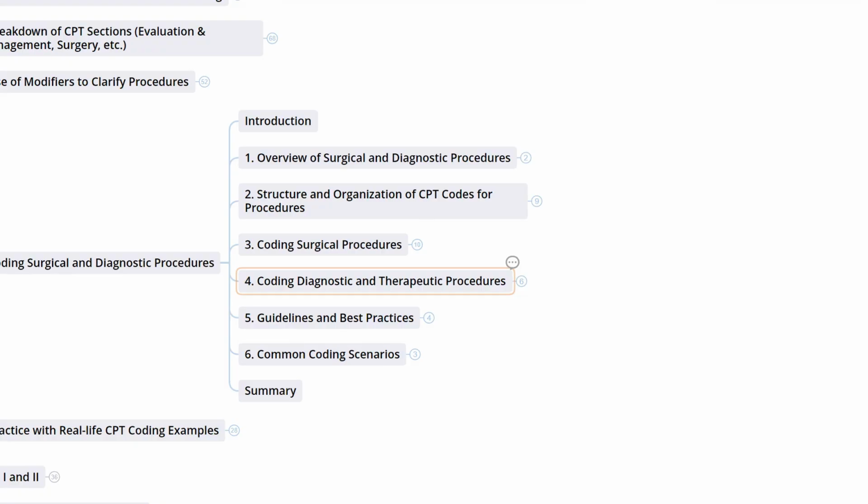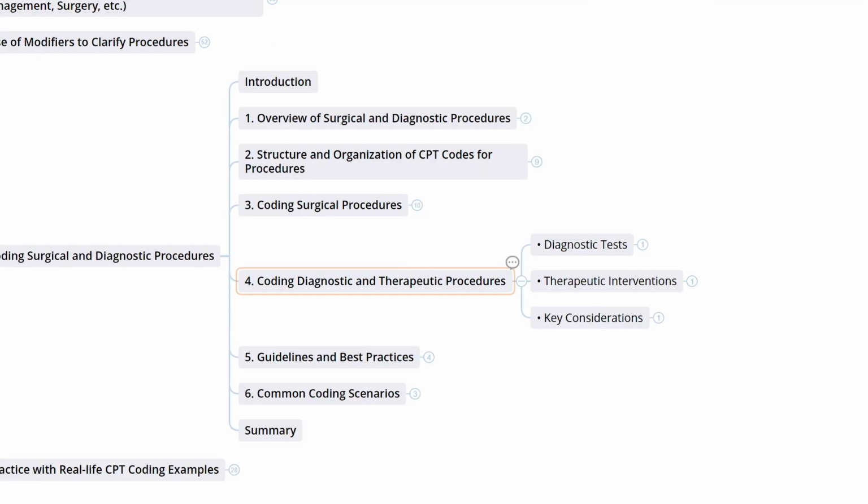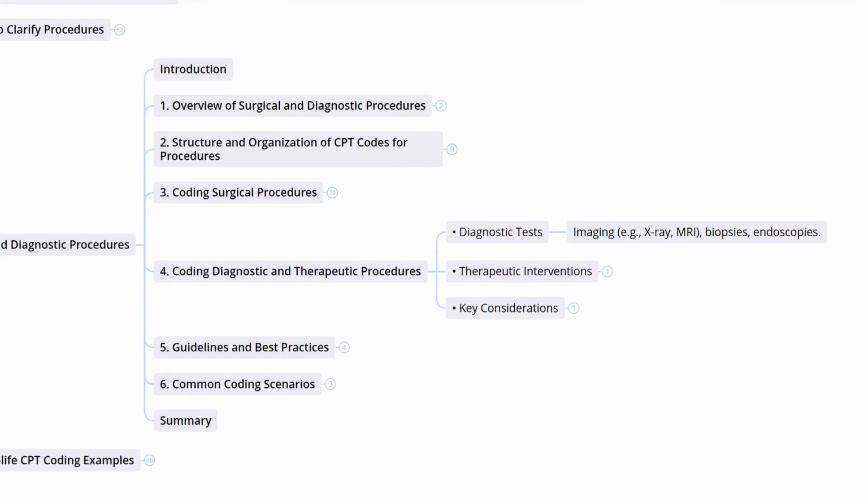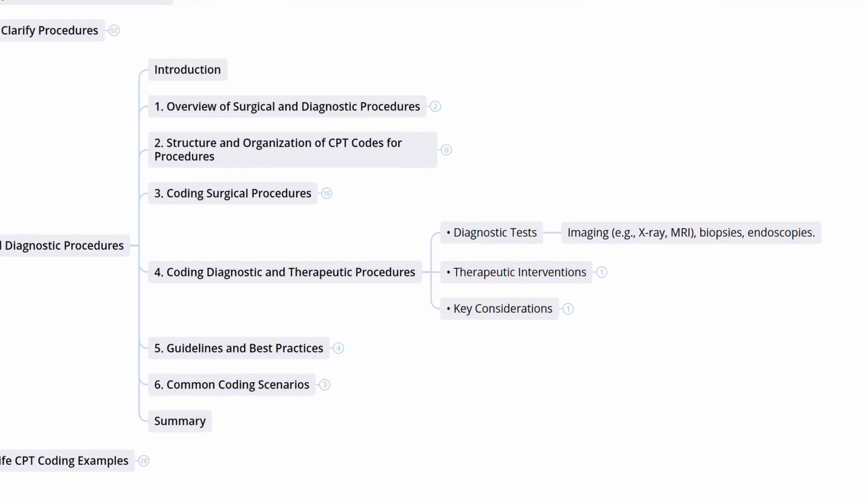Next, coding diagnostic and therapeutic procedures. Diagnostic tests such as imaging, for example X-rays, MRIs, biopsies, and endoscopies.